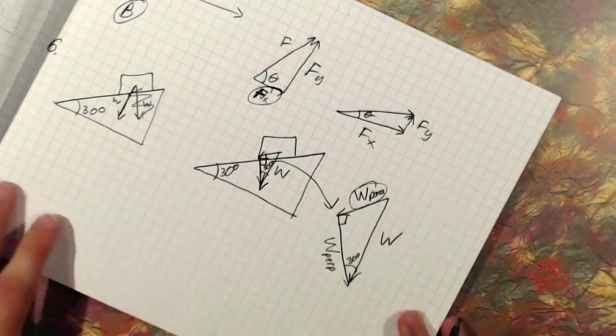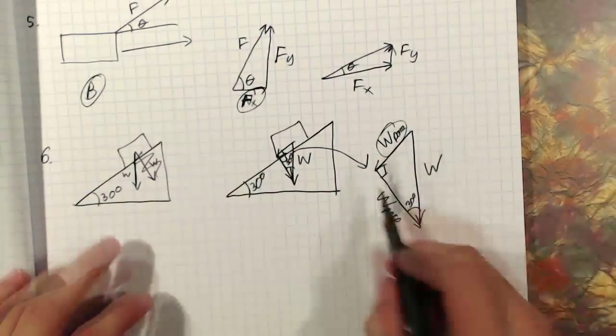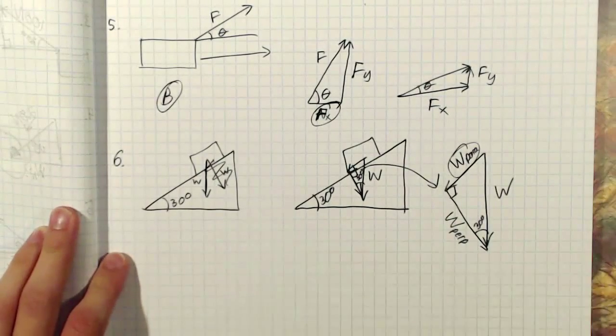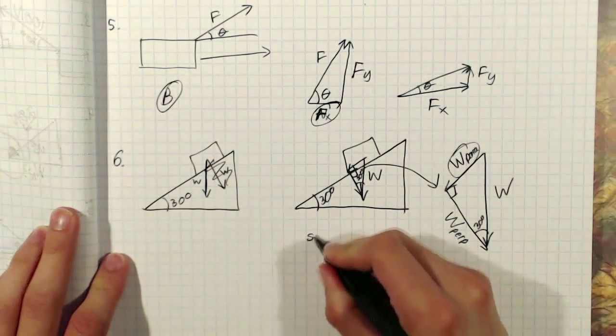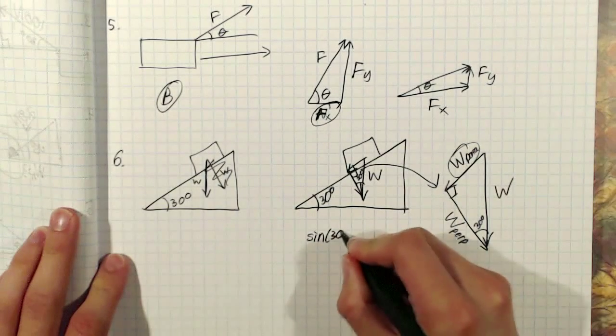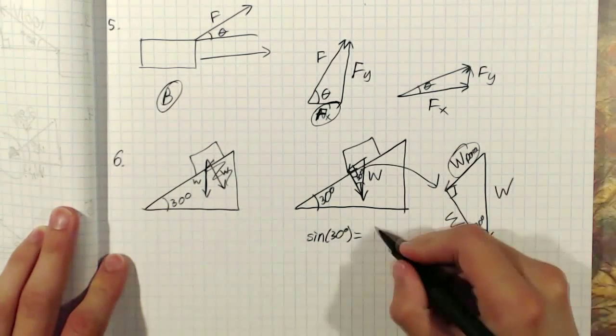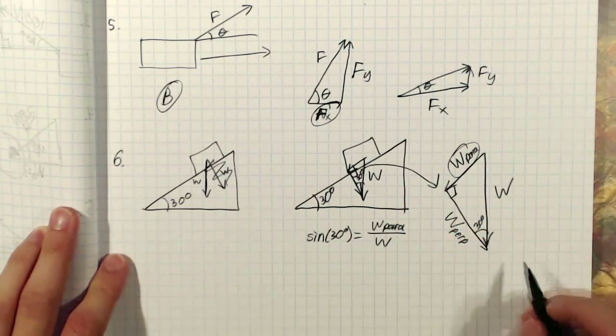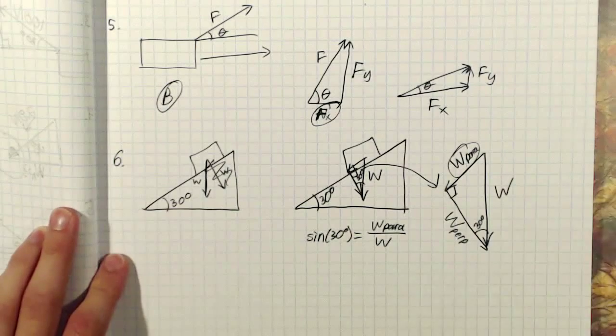We're going to need to use a little bit of trigonometry, but we don't have numbers for these values, so we're just going to have to keep them as variables. So the sine of 30 degrees is going to be equal to the parallel weight over the total weight, because sine is opposite over hypotenuse.